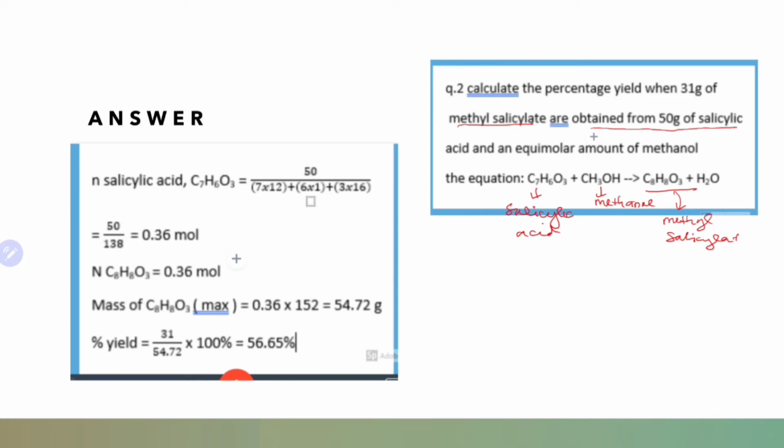For the equation, we check the number of C, 7 plus 1, 8. Here 8 carbon. The number of hydrogen, here 6 and 3, 9, plus 1, 10. On the right hand side we have 8H and 2H, so 10, the same.